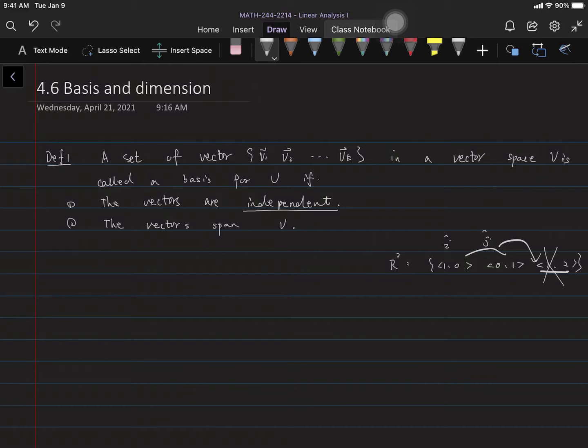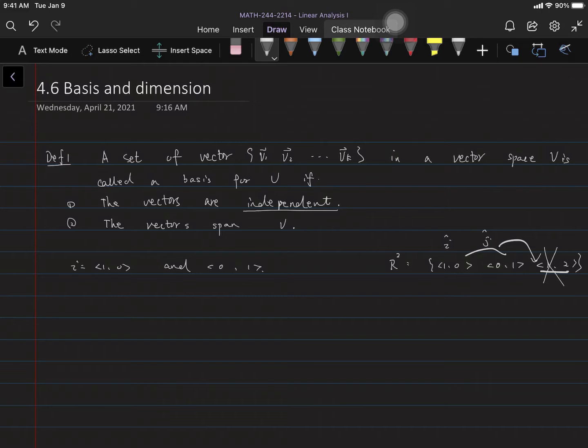Here's the easy example. Sorry, I made a mistake here. So let's write down (1, 0) and (0, 1).